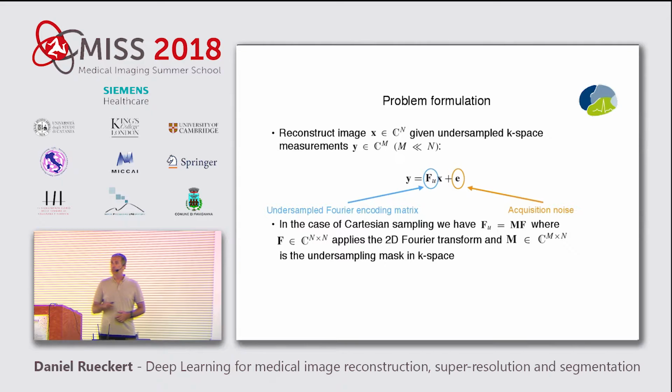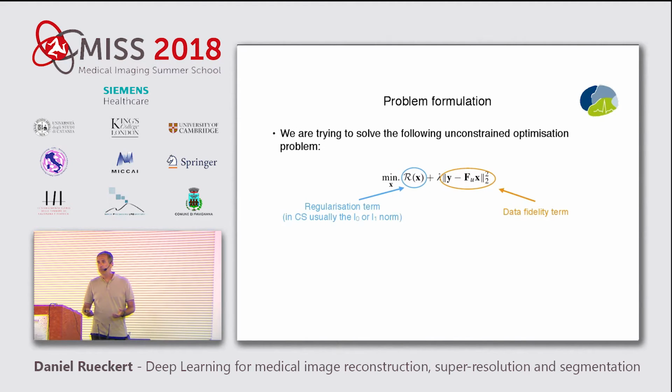Now if you assume that you undersample on a Cartesian grid, which is mathematically the easiest to do, but not necessarily the best thing to do from an MR physics point of view, it doesn't really matter because you can easily transform from one domain to the other. I can write this undersampling operation down as a Fourier transformation multiplied with a sampling mask. Okay, so M is this undersampling mask which I have.